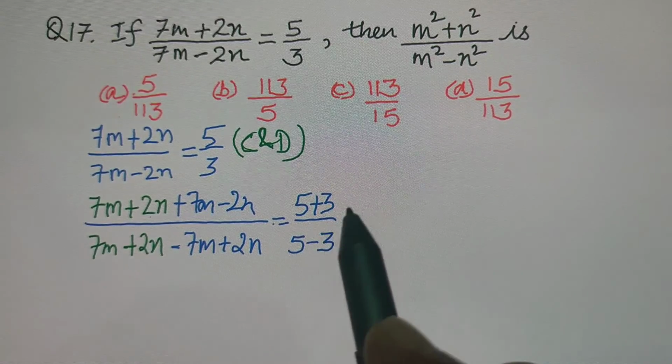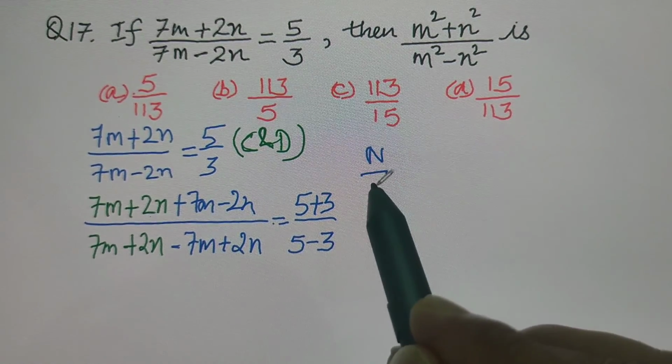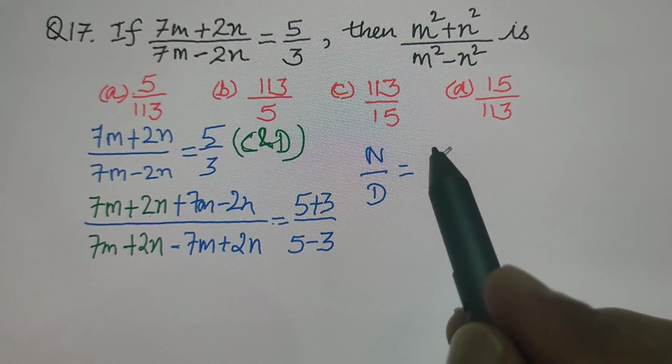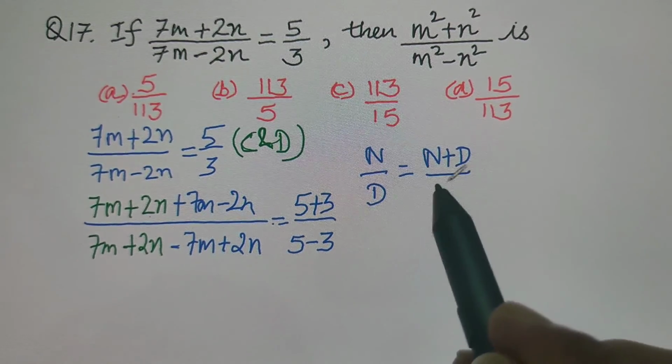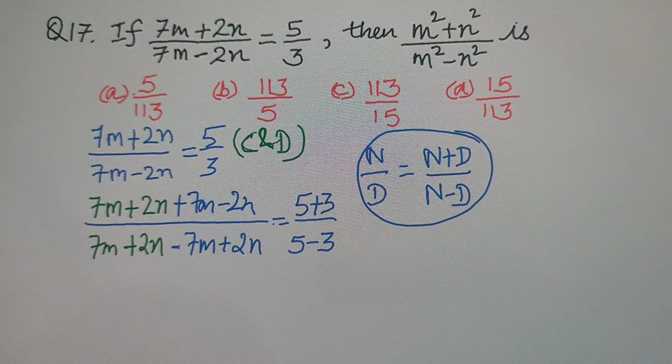Now just a recap of CND, which is componendo and dividendo. If I have a numerator and denominator, then by CND it can be written as numerator plus denominator upon numerator minus denominator. Fine.